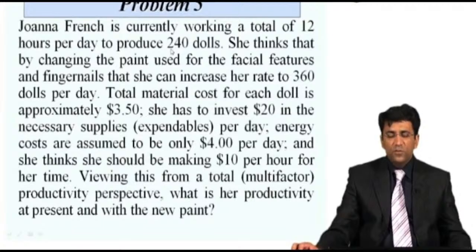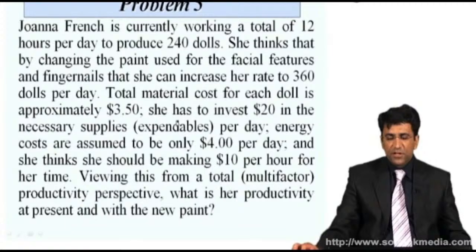What sort of inputs will be used? One input is labor hours, that is 12 multiplied by 10. Other input is material cost. So we will multiply 3.5 by 240, because this is the per unit cost. And if we produce 240 dolls, the total cost for these dolls will be equal to 3.5 multiplied by 240.